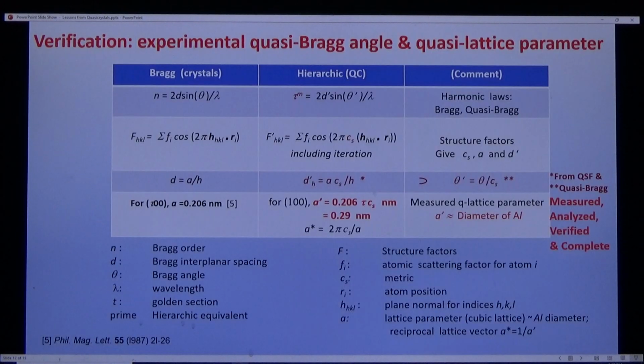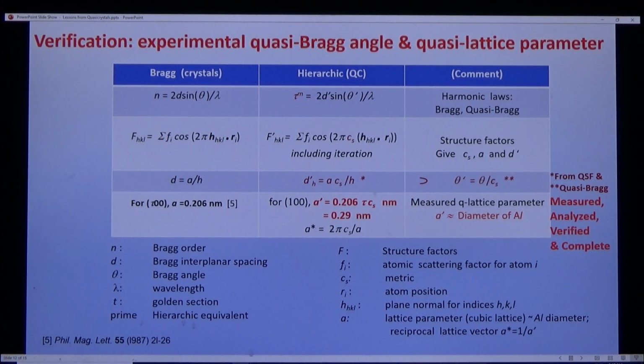With this, we can do some measurements. The quasi-Bloch wave is translationally invariant, both long range and short range in the quasicrystal. Here's the quasi-Bragg angle. 35 years ago, several of us measured the lattice parameter assuming Bragg's law.